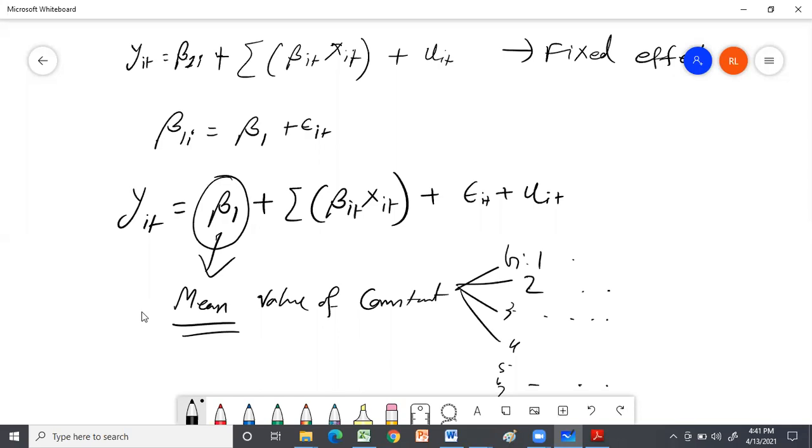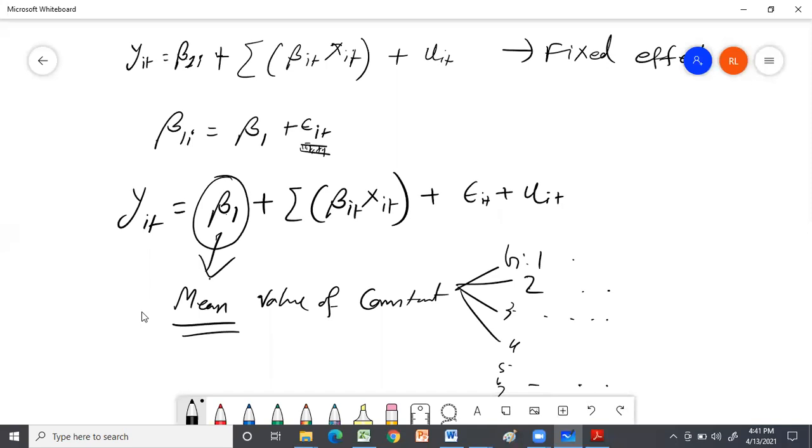And you can see that I have given another error term with this, which is epsilon of IT. This error term is actually the deviation between the mean value of the constant and the individual constant value calculated for each group.